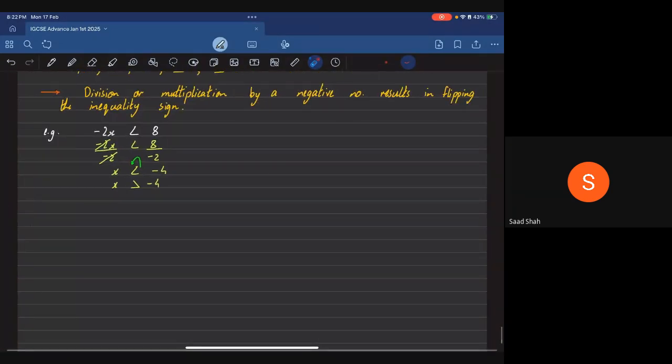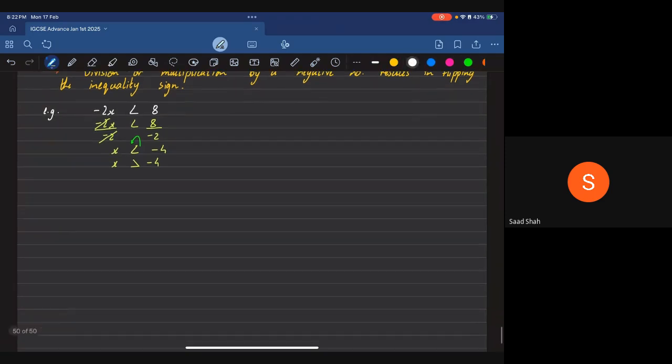Also, one other example that students do not like is when there's a bunch of inequalities, for example: minus 2 is less than or equal to x plus 4, which is less than 7.